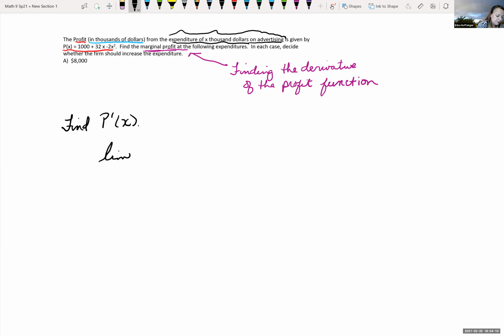So P prime of X is the limit as H is approaching 0 of P of X plus H minus P of X, all over H.